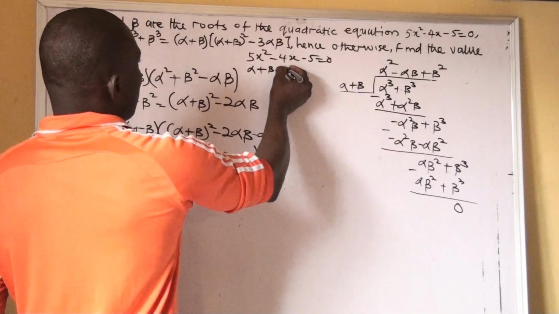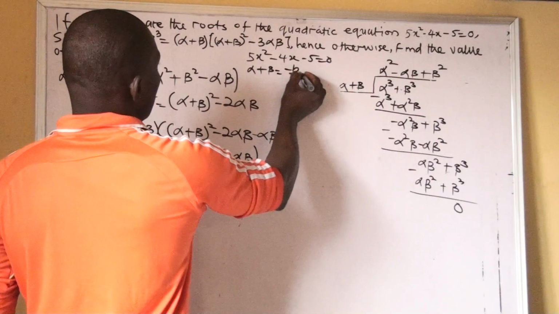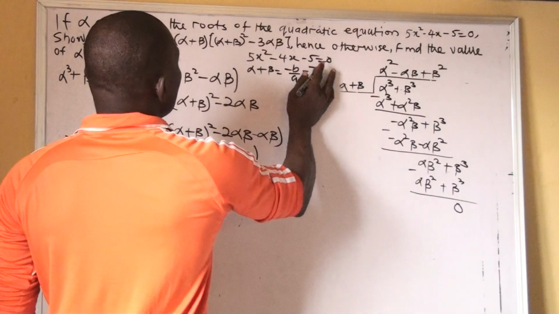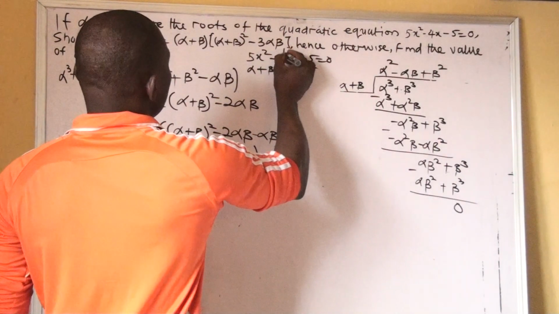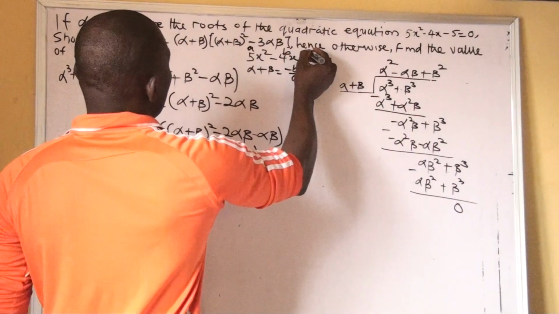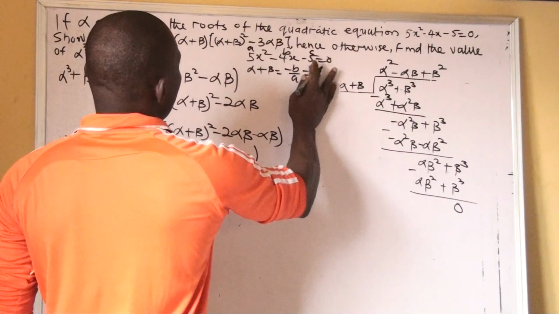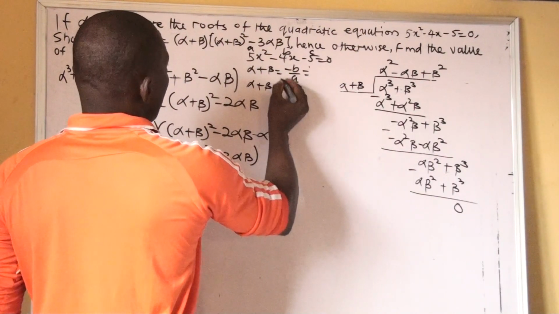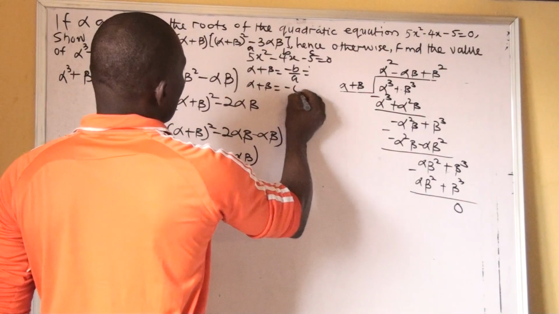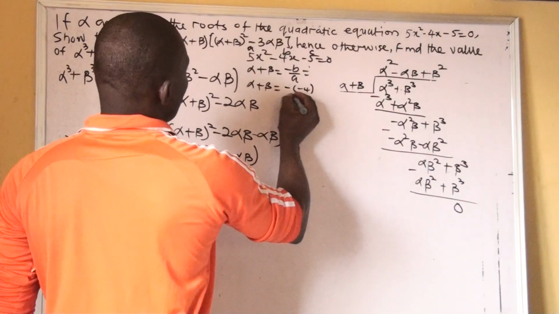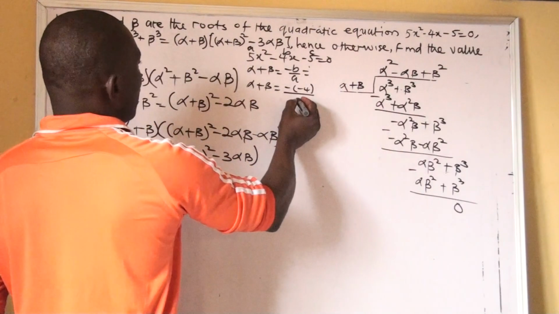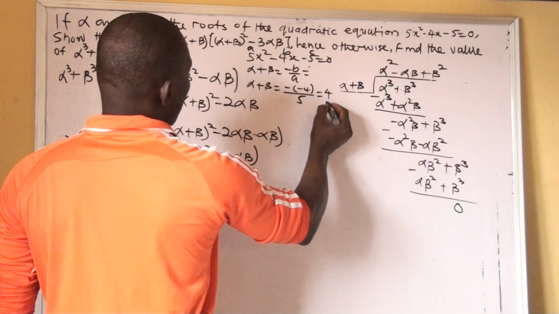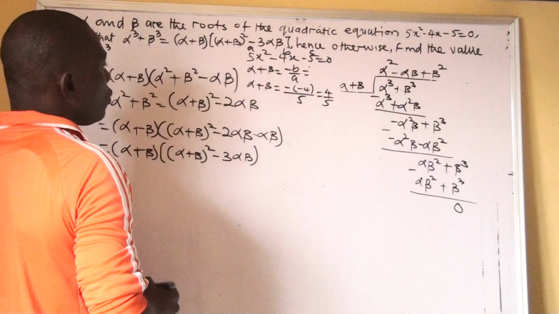We know that alpha plus beta is minus b over a, where b is minus 4 and a is 5. So we have minus, open bracket, minus 4, close bracket, all over 5. Minus times minus is plus. So we have 4 over 5 as the sum of roots.